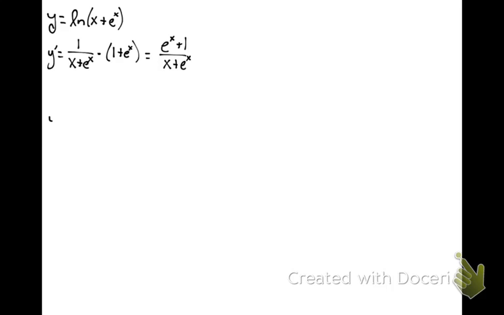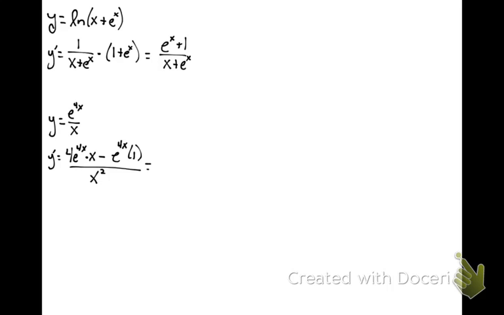Another derivative, let's look at y equals e^(4x) over x. I'm going to use the quotient rule in this case, just because. This is going to be 4e^(4x) times x minus e^(4x) times 1, all over x squared.